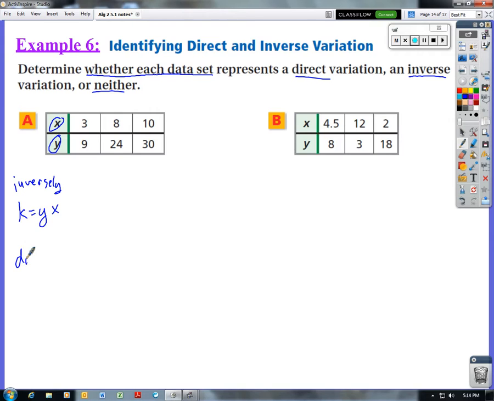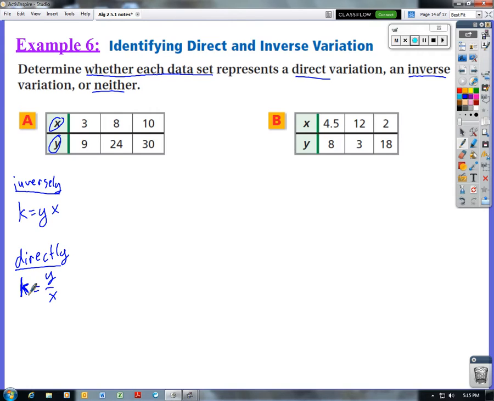If they were to relate directly, and I probably should have written this one first because directly usually comes first, but anyway, we would be using the formula k equals y over x. Okay, we divide them. And you say, well, Mr. Fink, I thought that the equation for direct variation was y equals k times x. Well, it is. But this one we're starting with k.